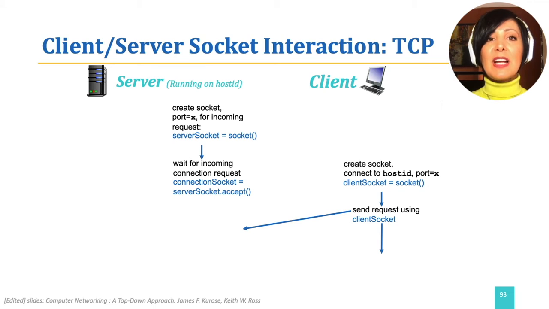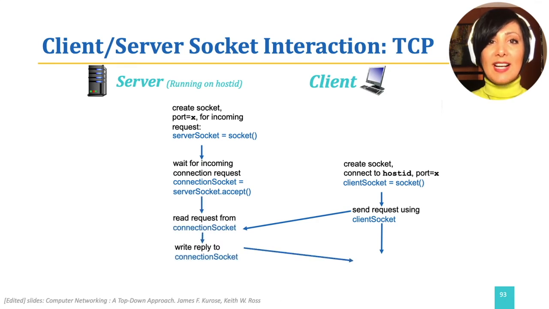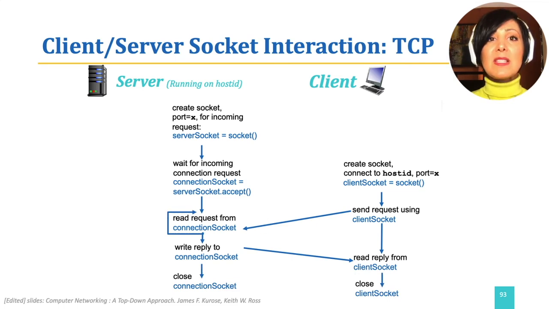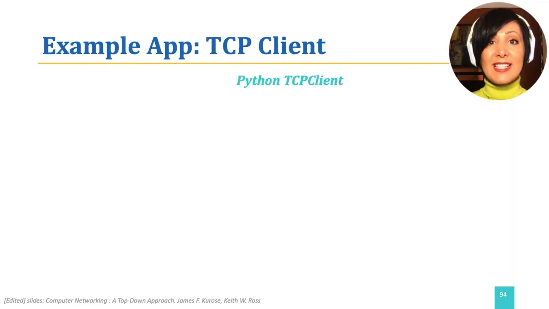The TCP connection from the client is made to this new connection socket, where the communication with the client happens. While the connection socket is closed after the communication with the client is finished, the server socket remains open while the server is running so that it can communicate with other clients that may want to connect and communicate with it.